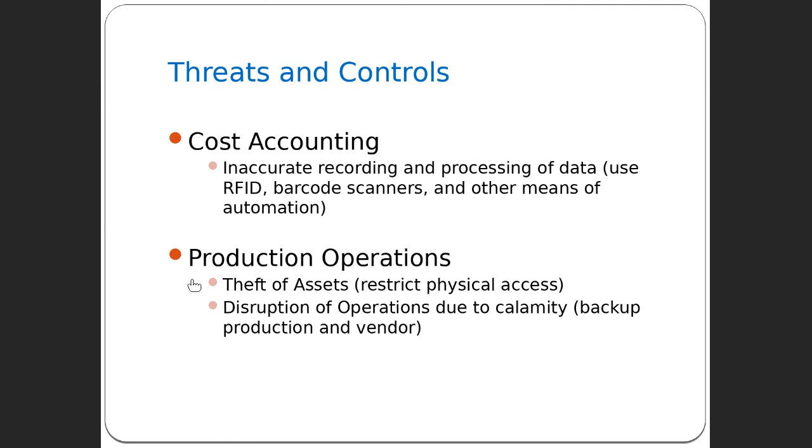So in the production operation, keeping the assets and the inventory safeguarded is one of the important activities. The second issue in production operation is disruption of operations due to calamity. So you could have two issues here. One is the production facility itself. The other is the production facility of the supplier.